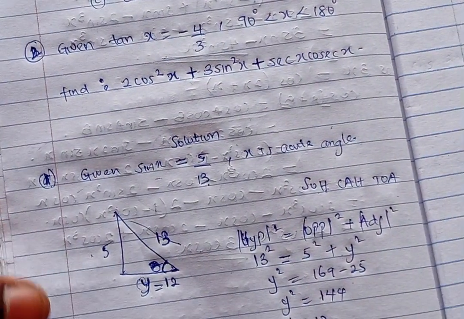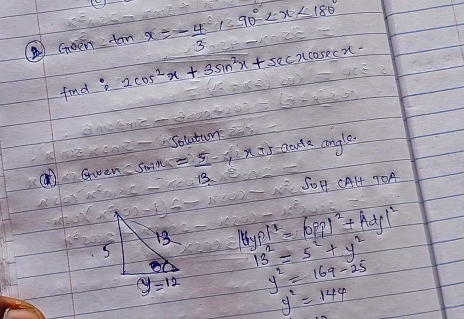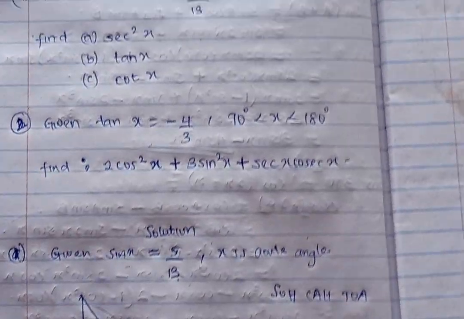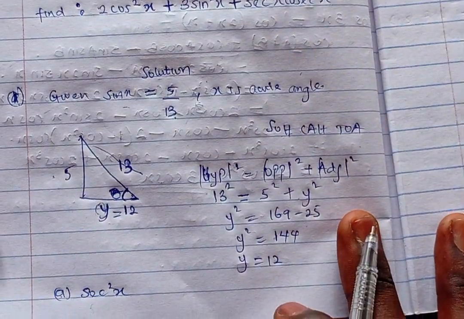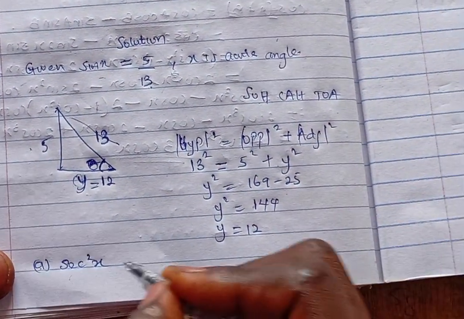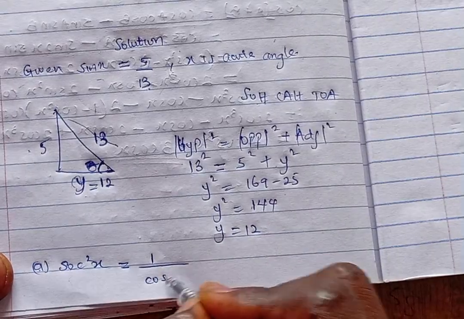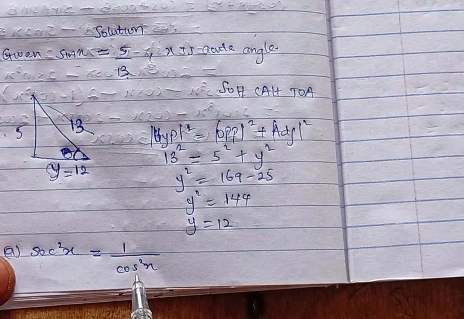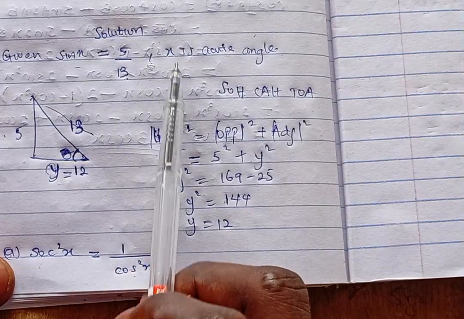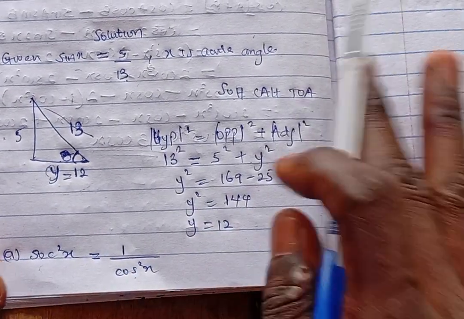Now what's the first question? The first question is telling us to find sec square x. How will you find sec square x? You should know that sec square x is 1 over cos square x, but you did not know cos before. It means you have to find it using these three sides.